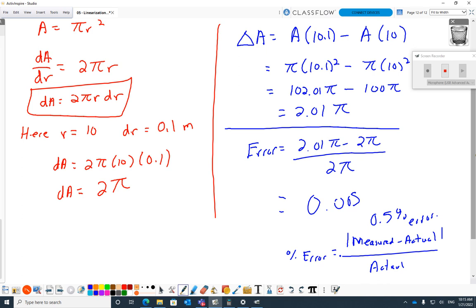Yes, good. I don't think it changed the answer. But I agree with you that 2.01 is the answer, is the actual. Good catch there. Thank you. I think in my notes I actually do that and get 0.49% error instead of 0.5. So 0.49 there.